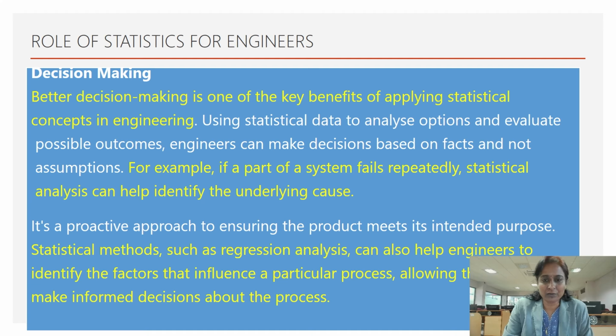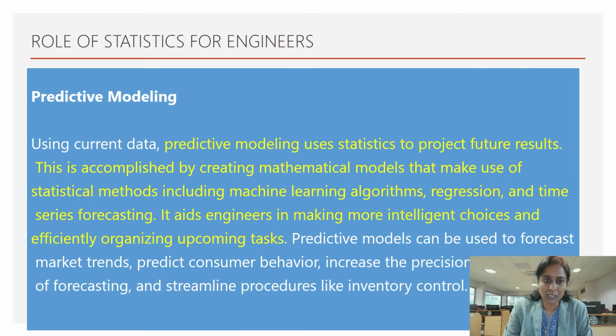For example, if part of a system fails repeatedly, statistical analysis can help identify the underlying cause. Statistical methods such as regression analysis can also help engineers to identify the factors that influence a particular process, allowing them to make informed decisions about the process.